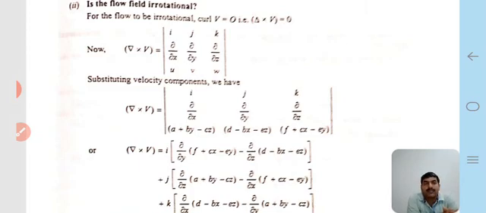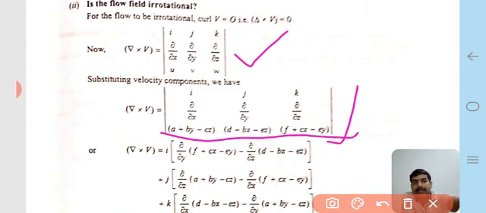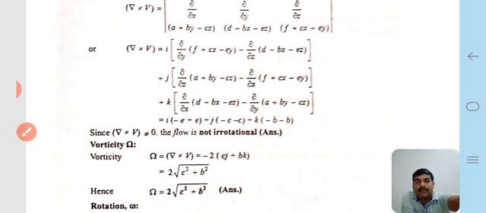Del cross v is written here in determinant form: i, j, k, del upon del x, del upon del y, del upon del z, and u, v, w. Putting the velocity components into the determinant, we solve this.